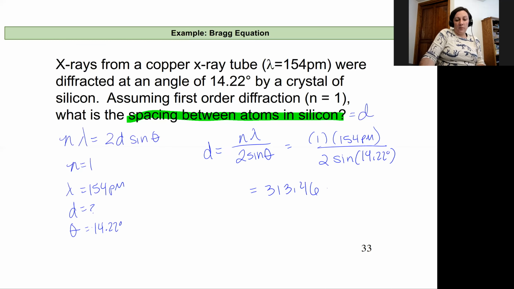Or if I wanted to round to the 3 sig figs I put in, 313. And my units here are going to match the units of my wavelength, which is also a measurement of length. So this is going to be in picometers. My distance between my lattice planes is 313 picometers.